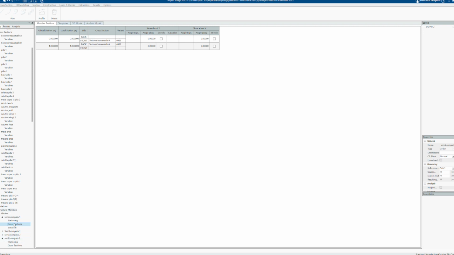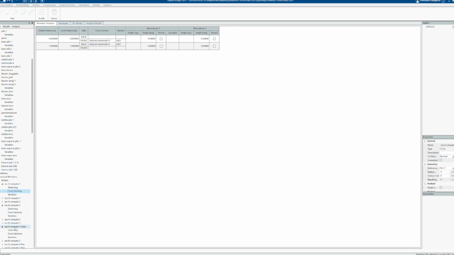Now, after this, we can see in the relative menu that each span has its own characteristics. Firstly, standing points, then cross sections, and variation laws.